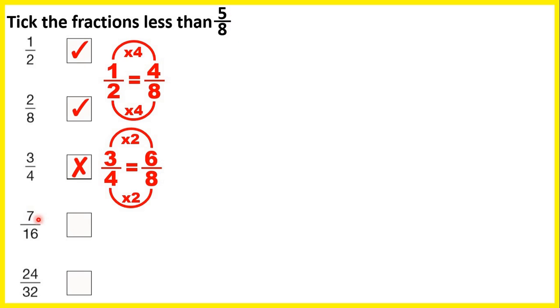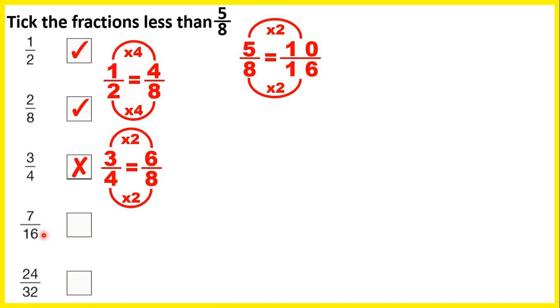Now we have 7/16, so we can find an equivalent fraction to 5/8 with a denominator of 16. 5/8 is the same as 10/16, and 7/16 is less than 10/16, so we can tick this fraction as well.